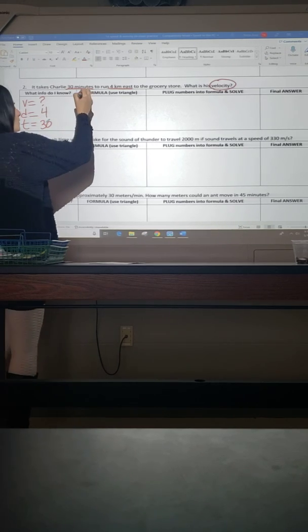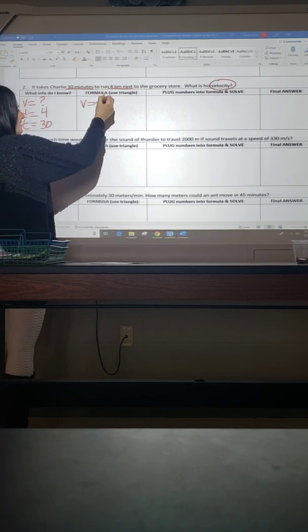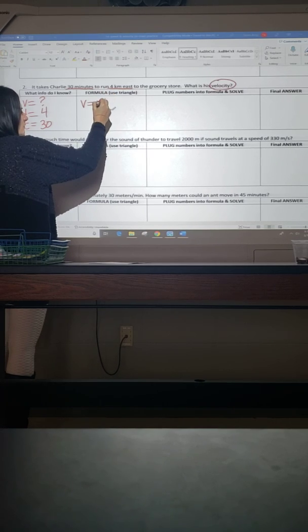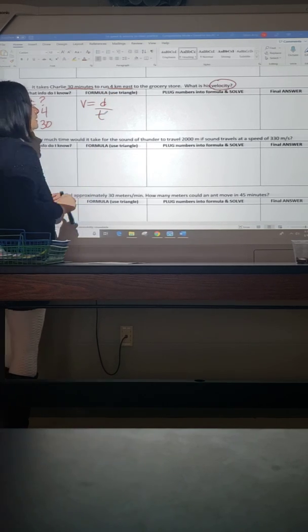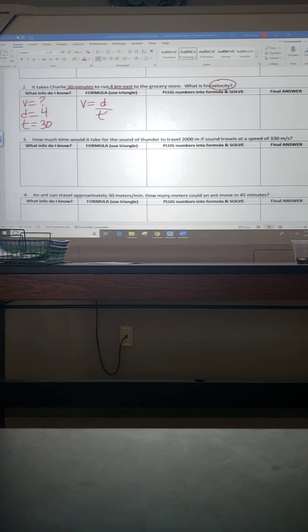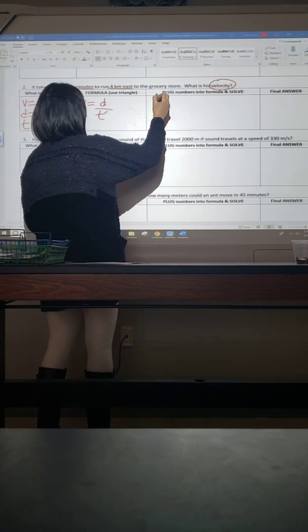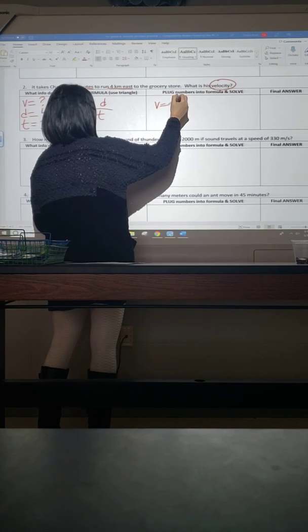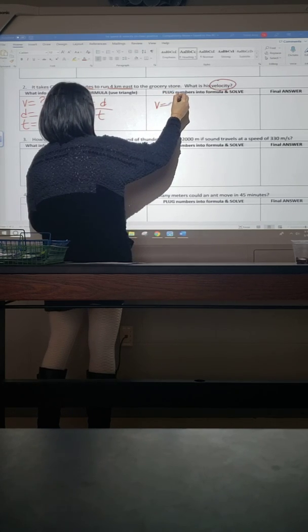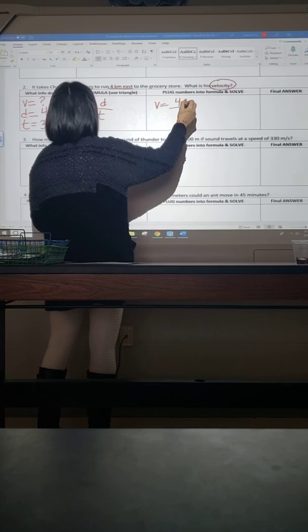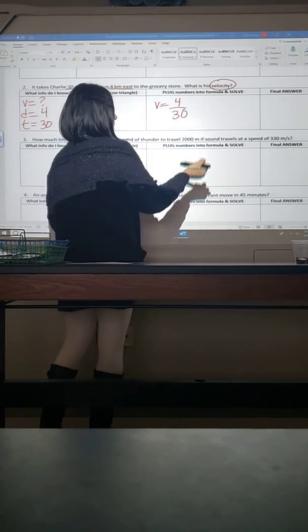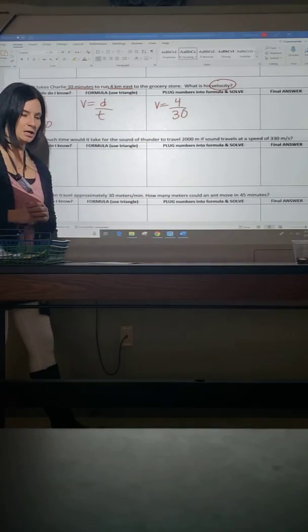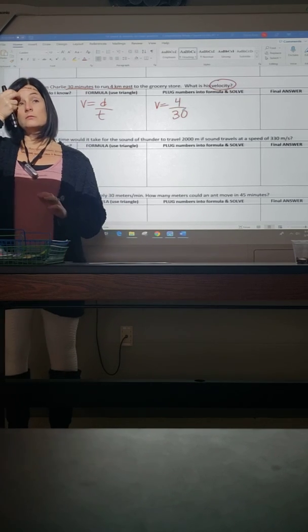Okay, so I'm going to just use my standard equation. It's V equals D over T, right? We don't have to rearrange anything. And so now I'm just going to plug in. I have, my velocity equals 40 over 30. Okay, and what do you get?